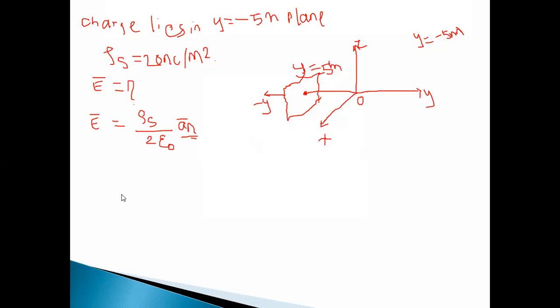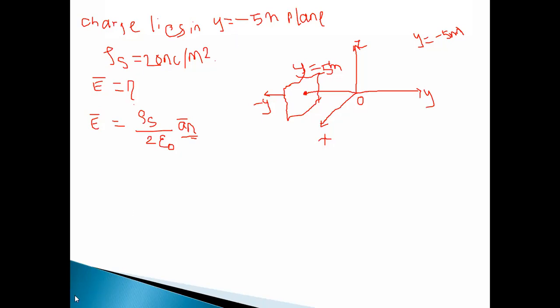Now we have to write which one we have to consider. Is it minus a bar y or plus a bar y? So for this we are considering two cases.